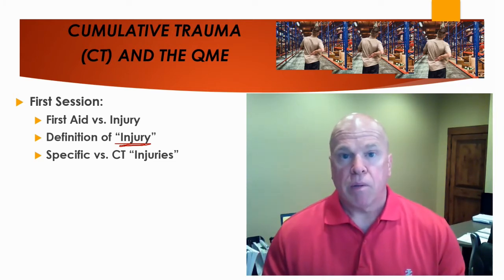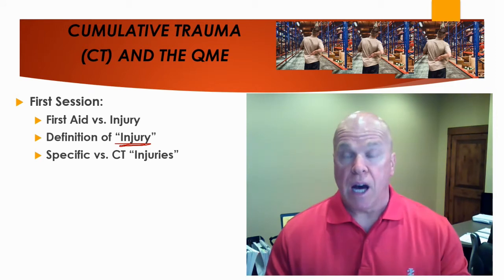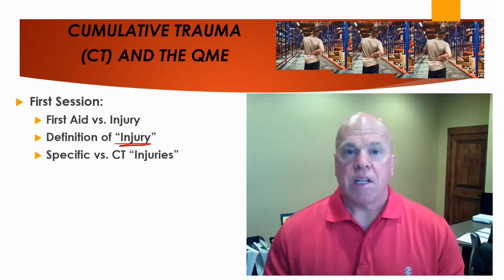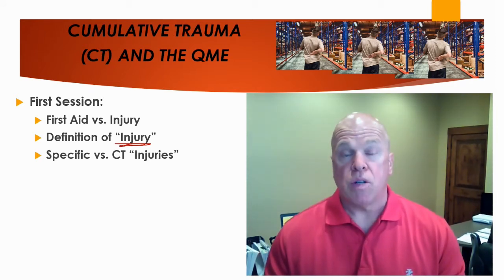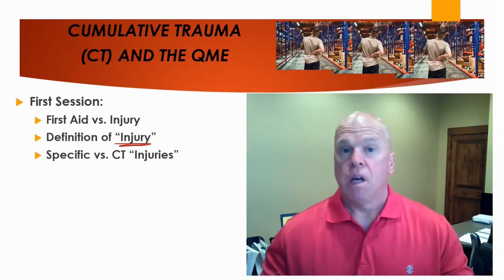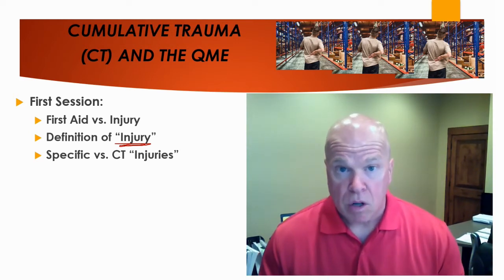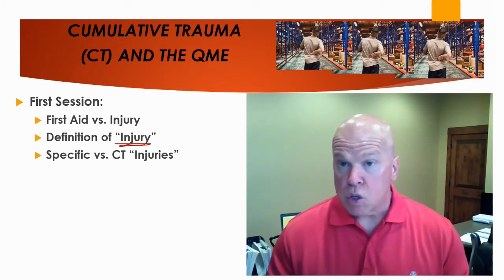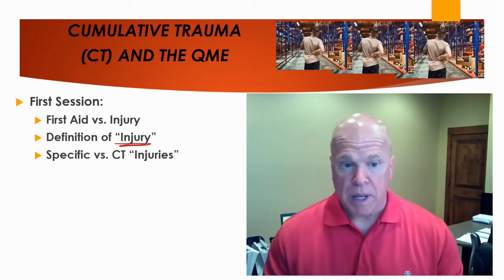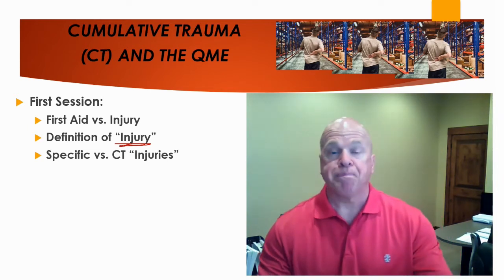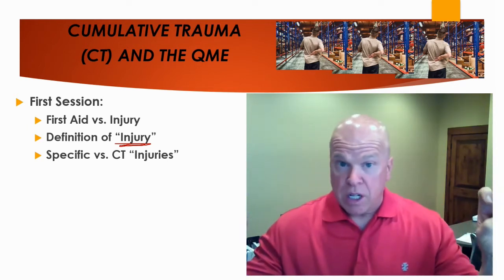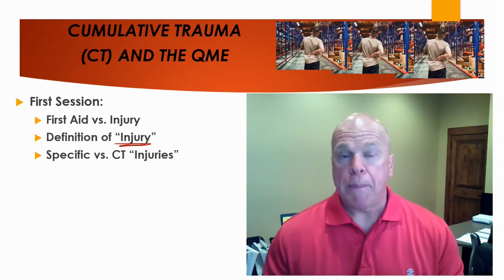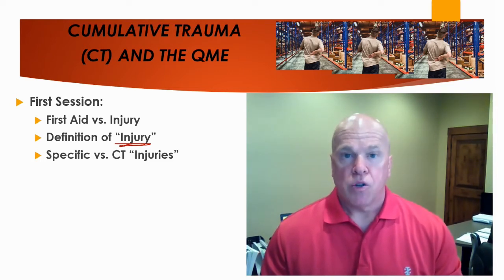On the other hand, when the examinee does present to us with a bona fide symptomatic diagnosable condition, then our work begins in determining the nature of the injury and in determining whether or not that injury is related to the workplace activities. Okay? So a condition is central to the whole topic of cumulative trauma injury claims.